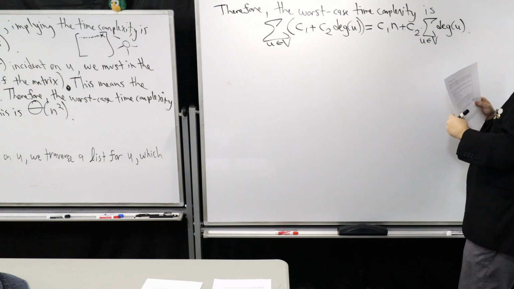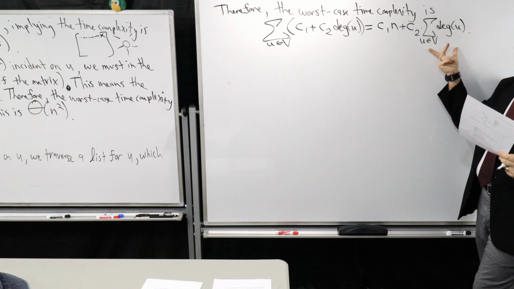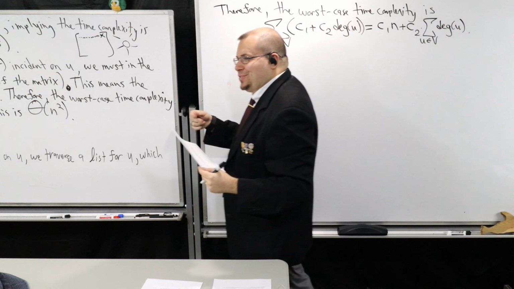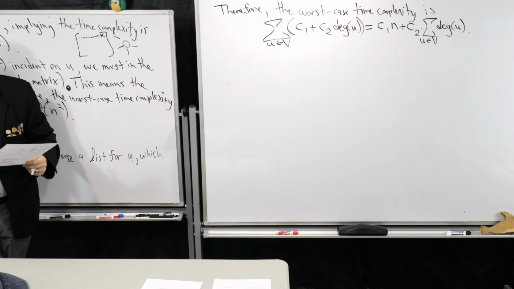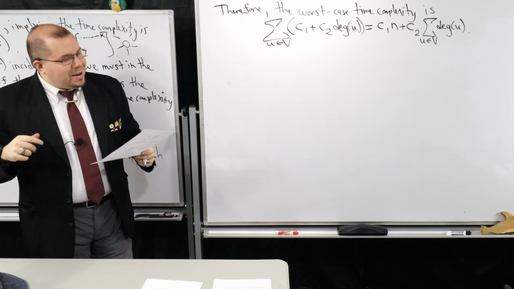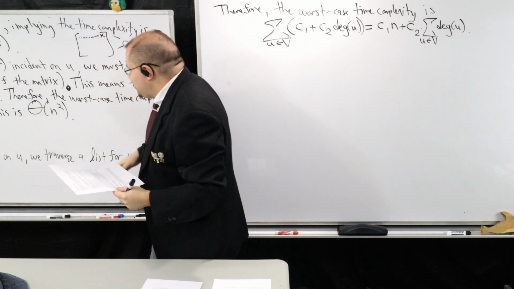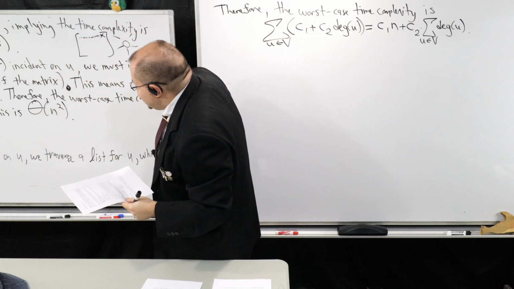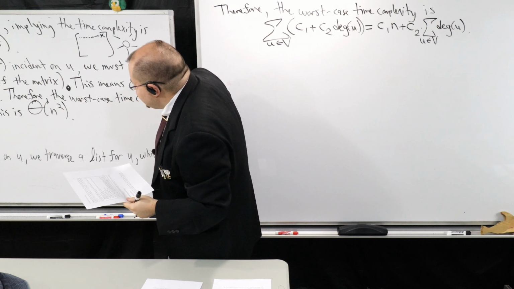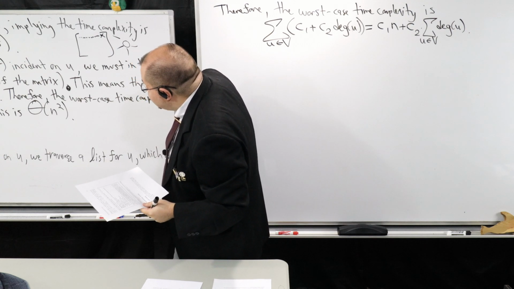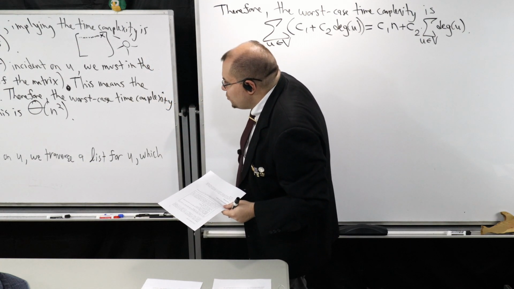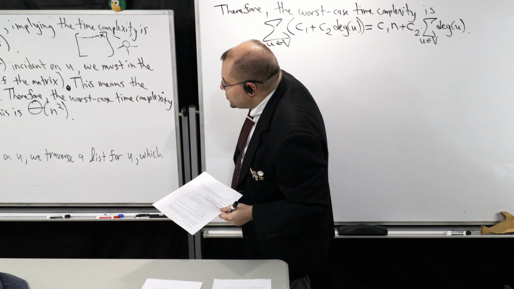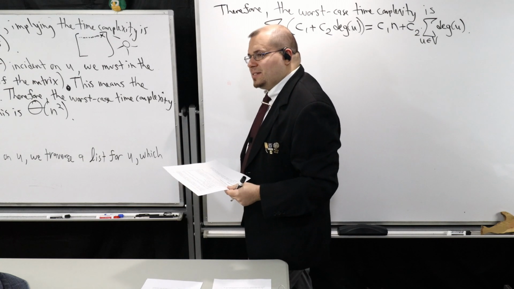Oh man, we know something about this. Remember, I told you this is going to be a very useful property that we could use. So for the adjacency list, to consider each edge incident on U, we traverse a list for U, which scans at most the degree of U elements.